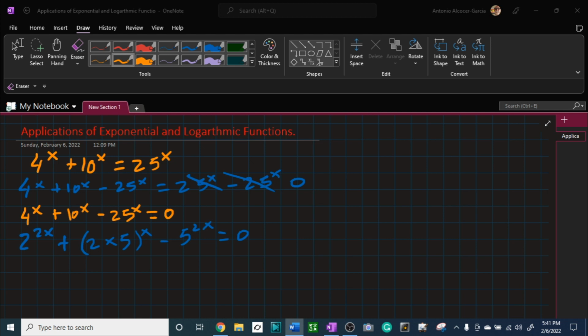The next step. To raise a product to a power, raise each factor to that power. Observe.